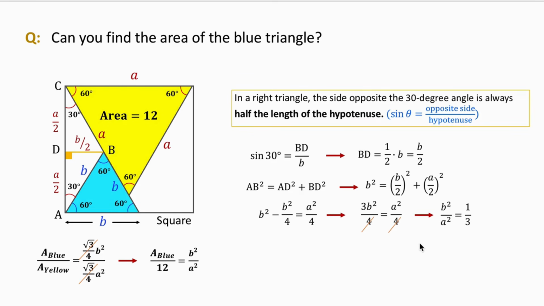And that is the ratio we need here, which gives us the ratio of A blue to 12 equals 1 over 3. Now we can easily find A blue. A blue becomes 12 over 3, meaning that the area of the blue triangle is 4.